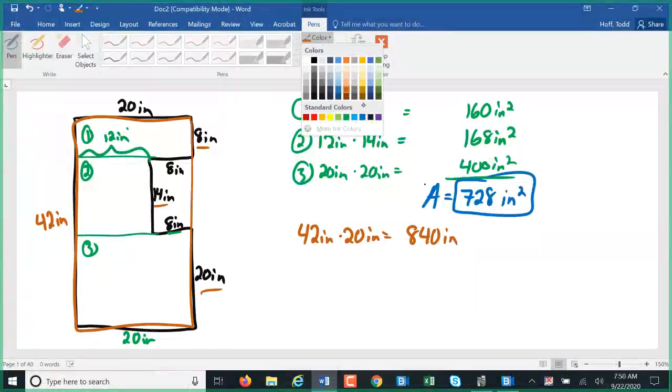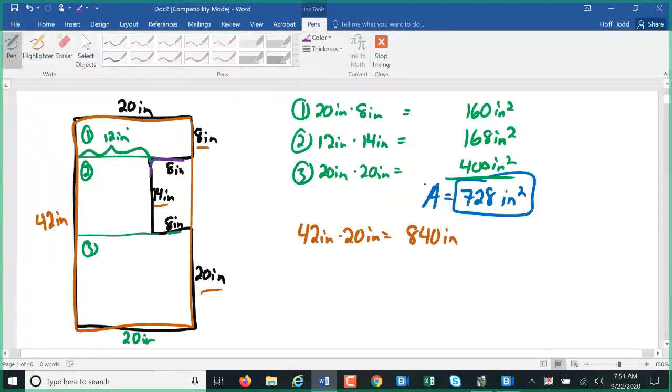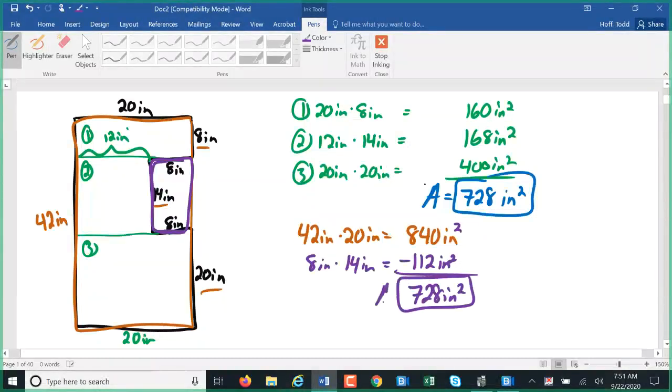And then I'm subtracting back out this 8 by 14 rectangle over here, which ends up being 112 inches squared. We subtract, that gives us 728 square inches. So filling in that piece and subtracting it back out made that a little bit simpler, one step fewer to finding that area. Again, probably not a huge deal.